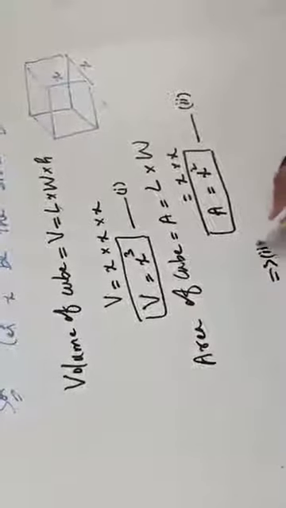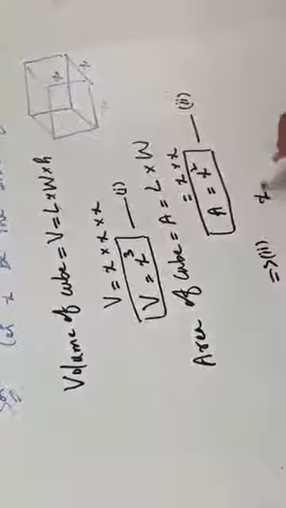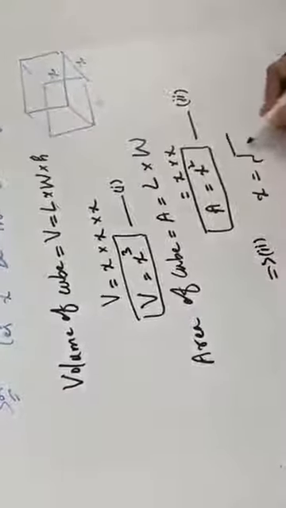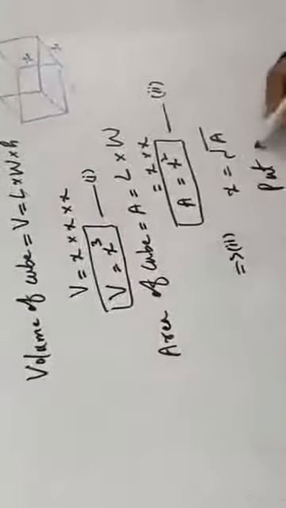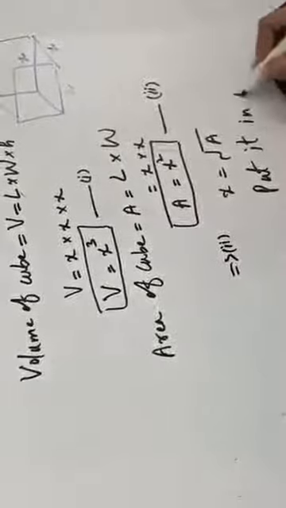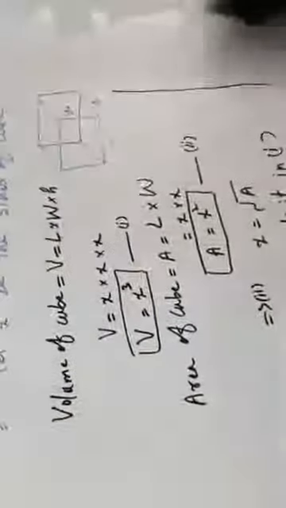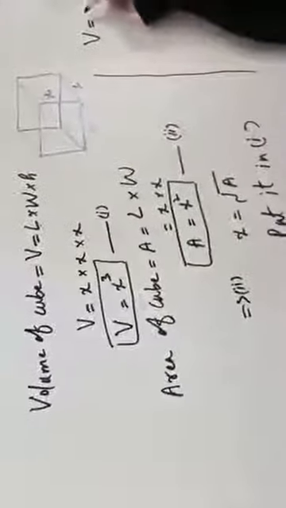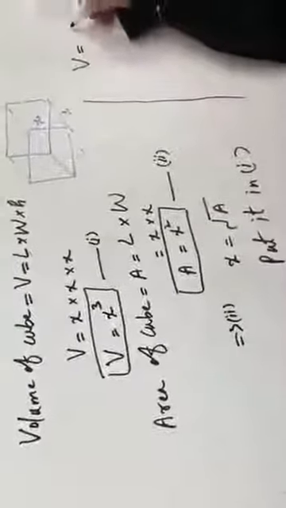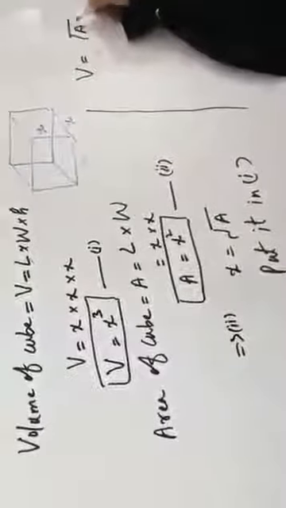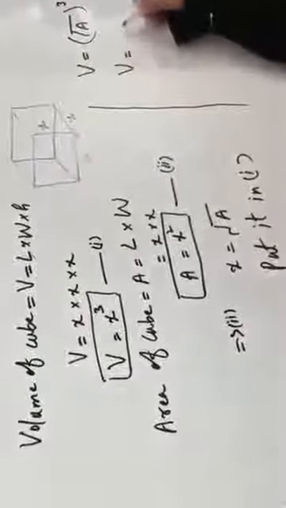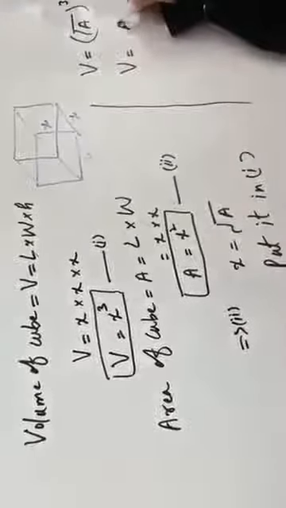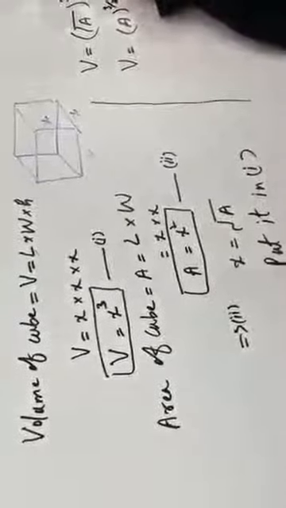from the second equation we can calculate the value of x, that is square root A. Put it in 1. V is equal to, in place of x put the value, or you can write it in this form, V is equal to A to the power 3/2.